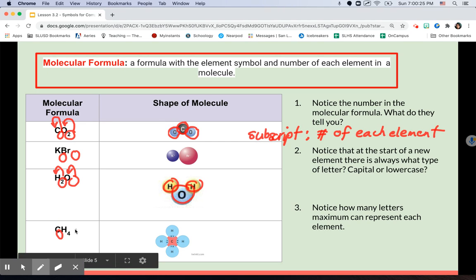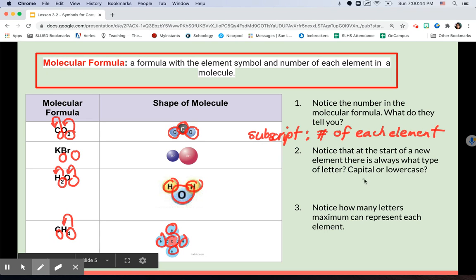So here there's no number next to C, but there's a 4 next to H. So this means I have 4 hydrogens. 1, 2, 3, 4 hydrogens. No number next to C, so that means there's 1 C or 1 carbon.